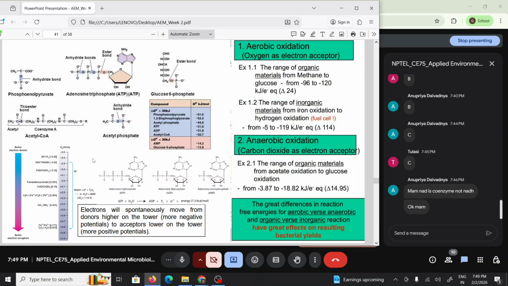The top has good electron donors with high negative potential, whereas the bottom of the tower has acceptors with relatively positive potential. You can also refer to the different oxidation processes here on the right.